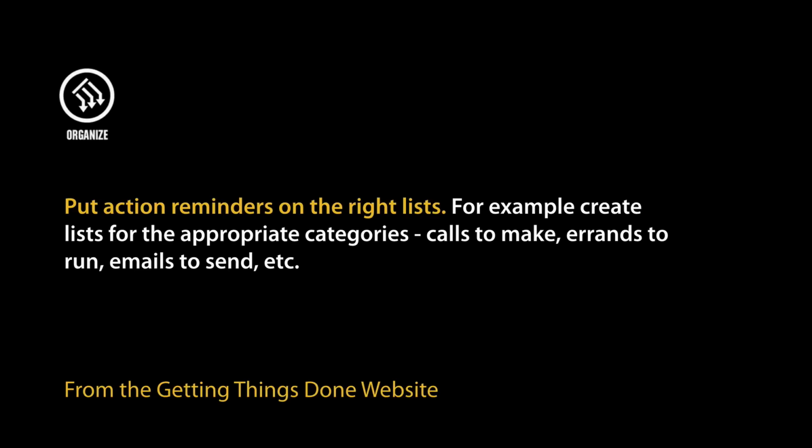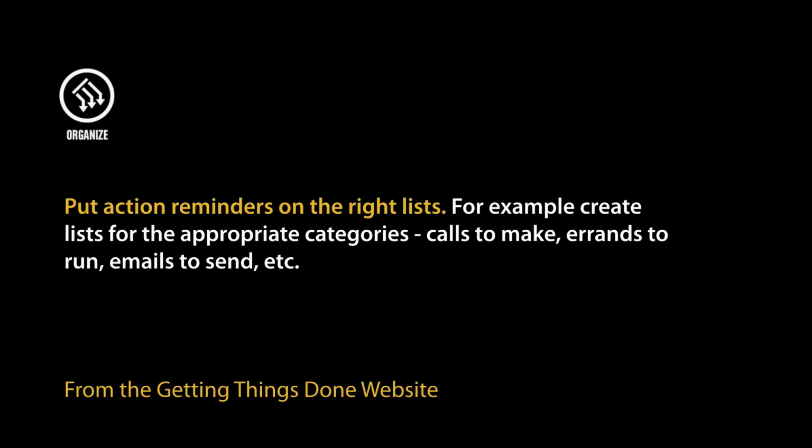GTD in its purest form works on lists of what is called context, or in Todoist we would call it labels. And labels or context is essentially being able, using the tools that you have to hand, or the place that you're at, or the person you're with.